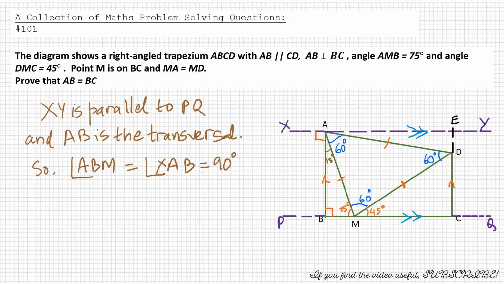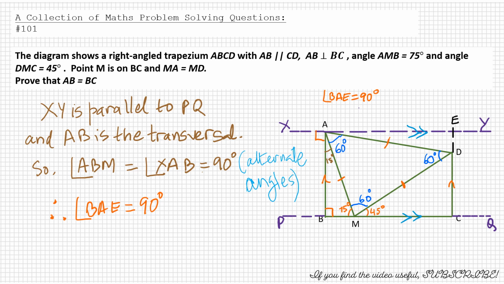Therefore angle BAE is also 90 degrees, because XAE is a straight line.